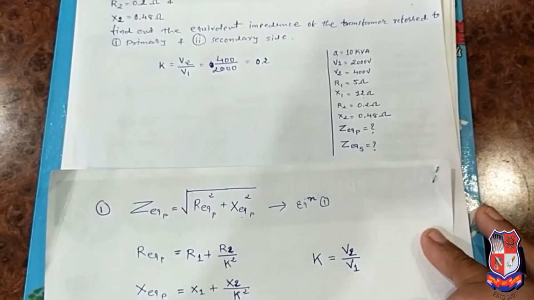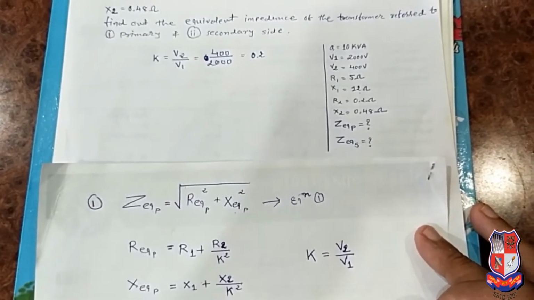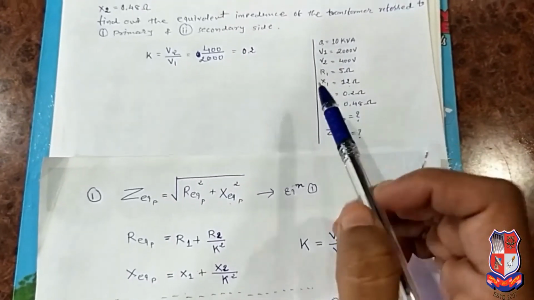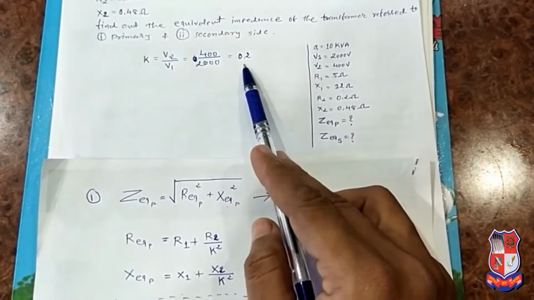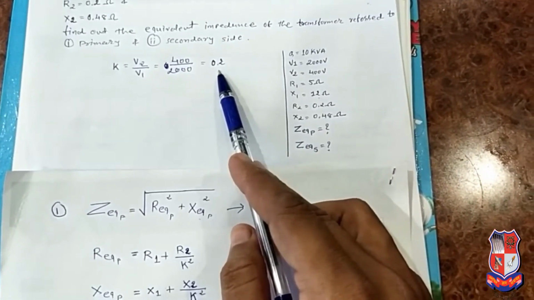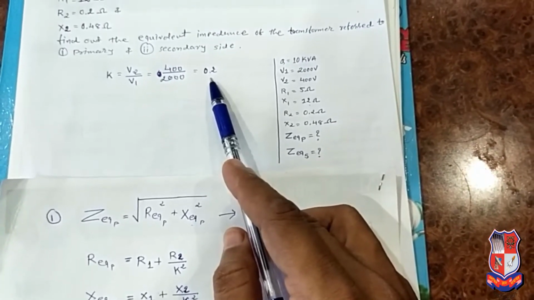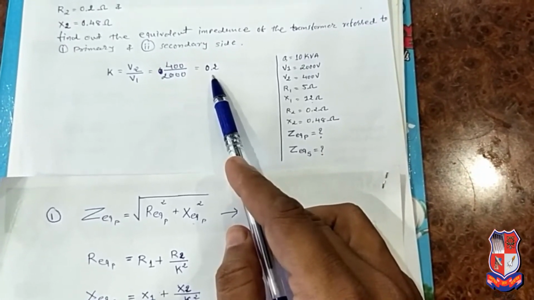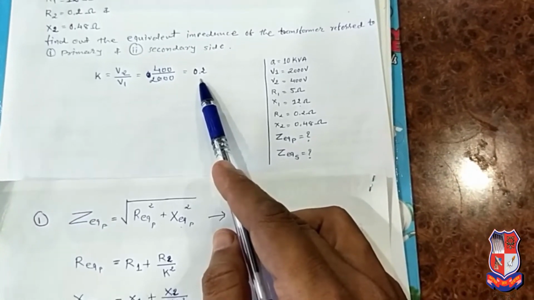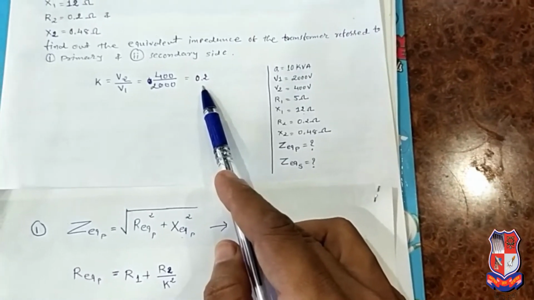Now we put the values of V1 and V2 in the equation of K. Here the value of K is generated. The value of K is 0.2. Based on the value of K, we can say that the given transformer is step down, because the value of K is less than 1.